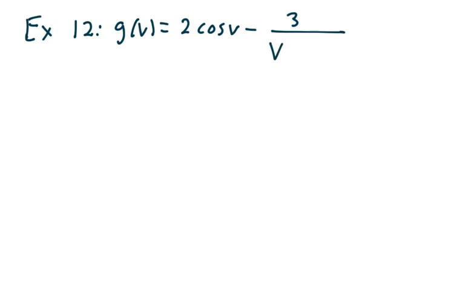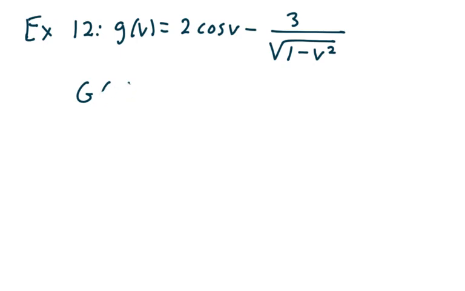Example 12. Suppose g of v is 2 cosine v minus 3 over the square root of 1 minus v squared. Okay? Now, can we think of a function?